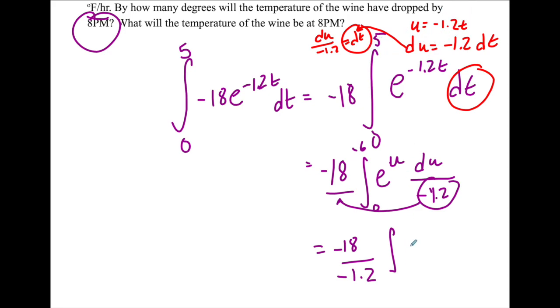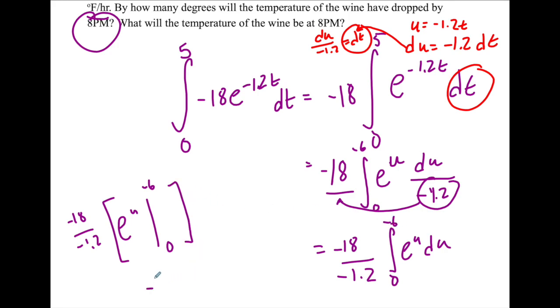So now I have e to the u du. The derivative of e to the u is e to the u, so I've got -18 over -1.2 times e to the u from 0 to -6.